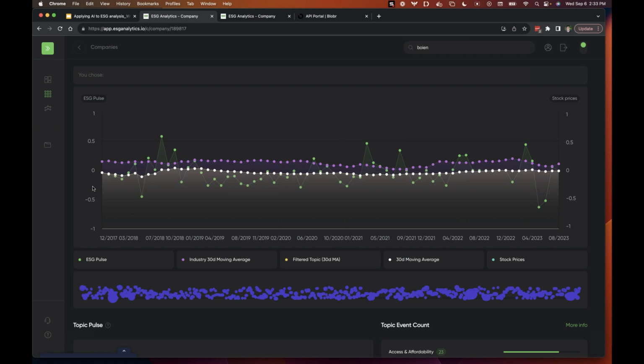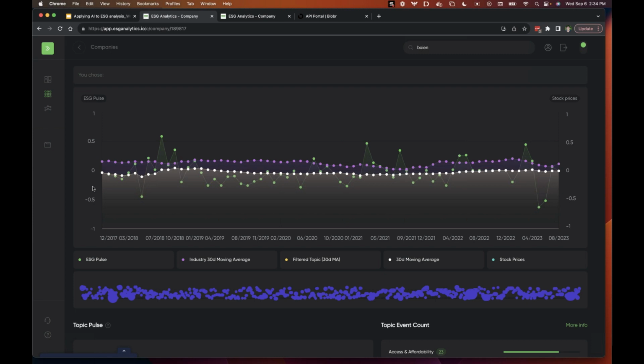And so when you actually do sentiment analysis, what's really cool is you start to be able to create this time series data that can give you a company's trends over time. And again, this is very specific to ESG. The green line here is the day-to-day sentiment analysis, or ESG Pulse.